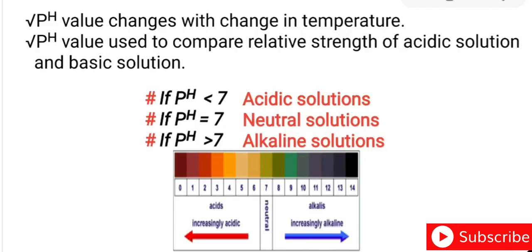pH value changes with change in temperature. pH value is used to compare the relative strength of acidic or basic solutions. Children, when we increase the temperature, what happens?